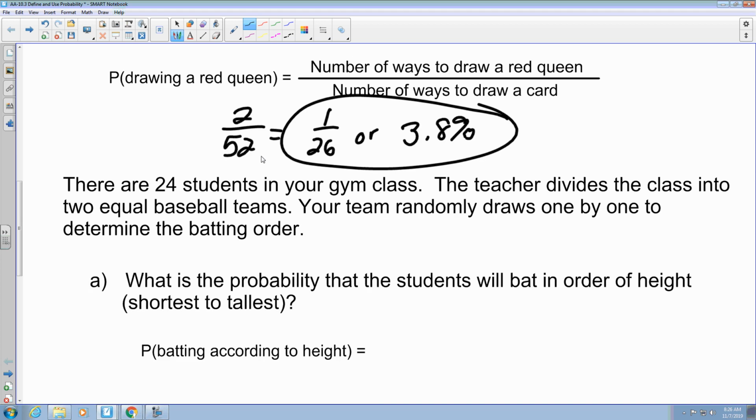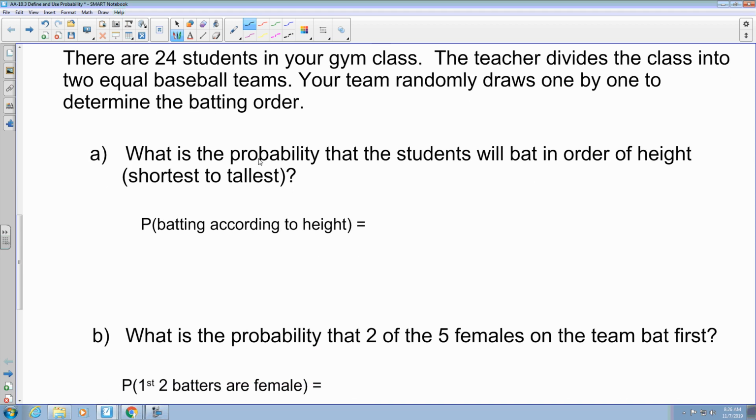All right, so different question here. It says there are 24 students in your gym class. The teacher divides the class into two equal baseball teams. Your team randomly draws one by one to determine the batting order. What is the probability that the students will bat in order of height, shortest to tallest? So here's the thing.